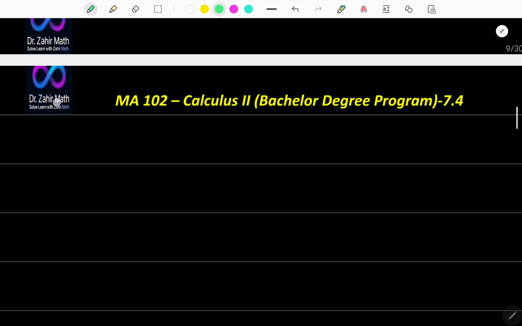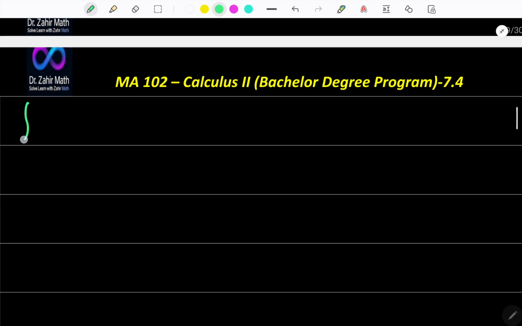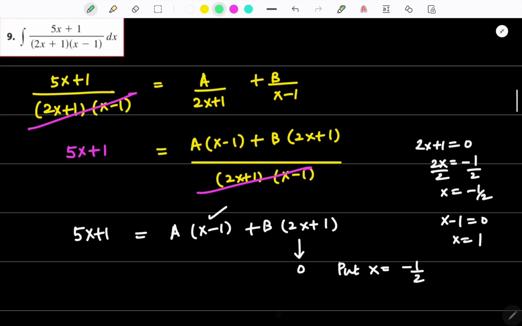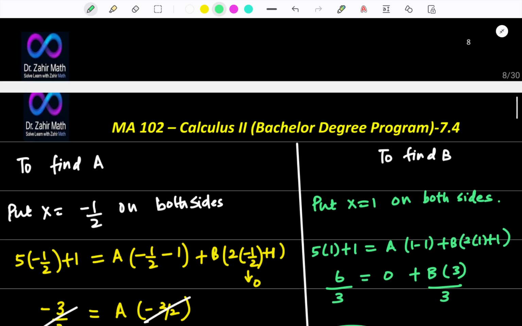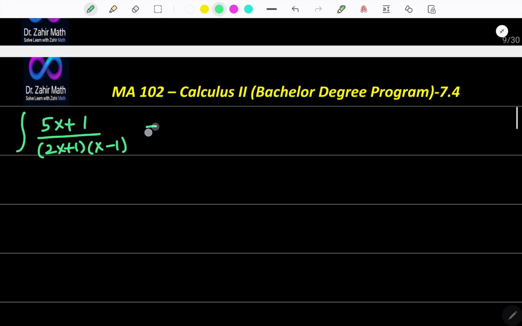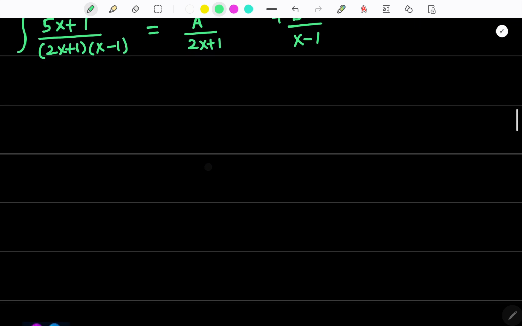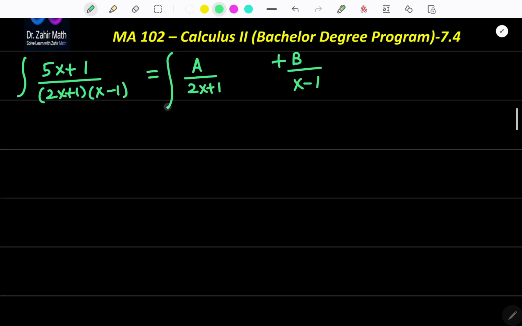So the problem is converted into, what is your problem? The problem is integral 5x plus 1 divided by 2x plus 1 times x minus 1. So it is going to be a divided by 2x plus 1 plus b divided by x minus 1. This is integral.